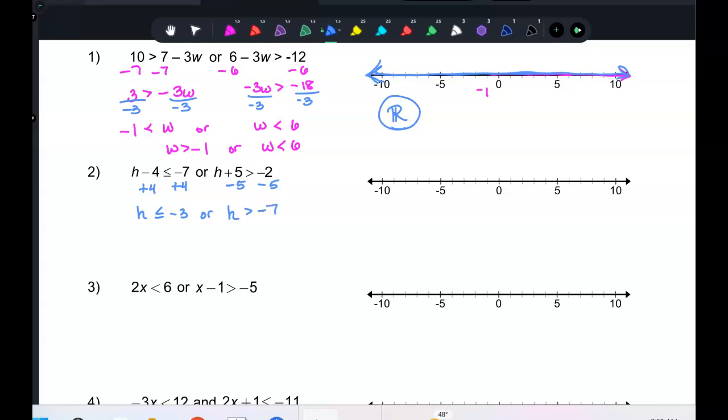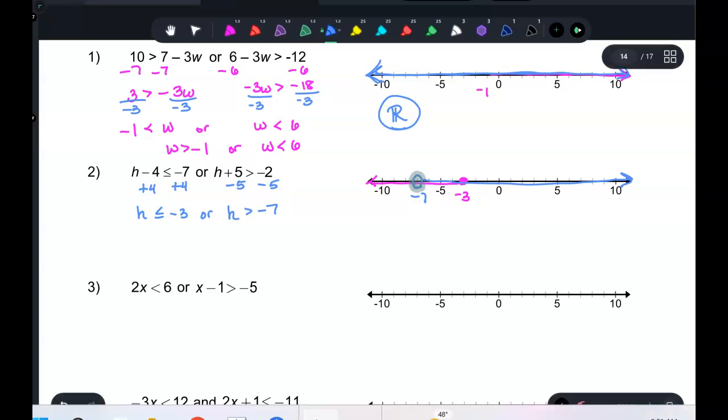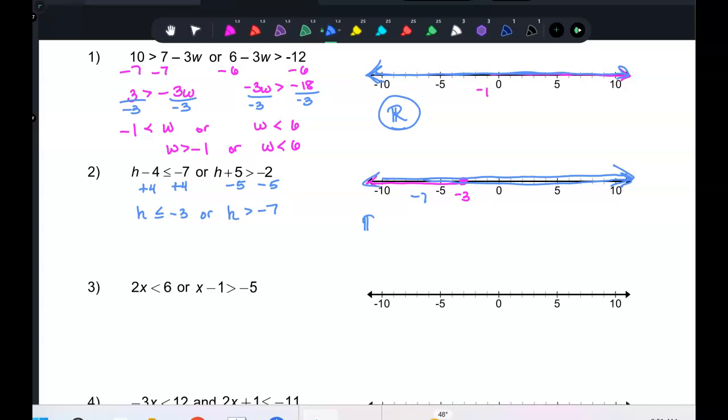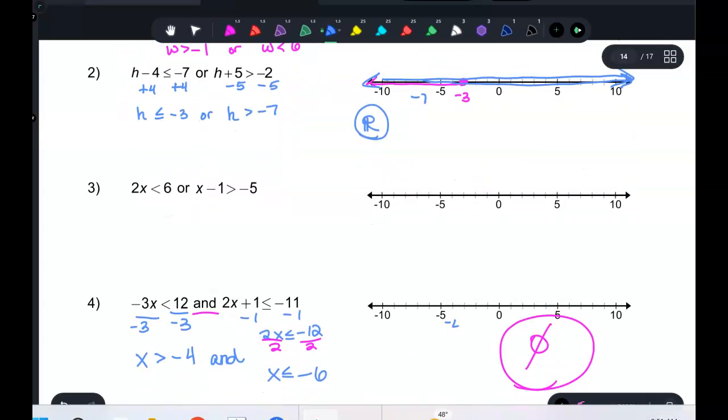Okay, so h is less than or equal to negative 3 or greater than negative 7. So they don't cross. Oh, they do. What happens again? All real numbers. So we ended up shading in the whole thing, right? Because one goes this way and the other goes the other way.